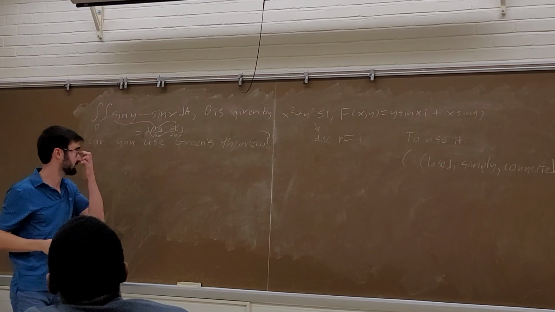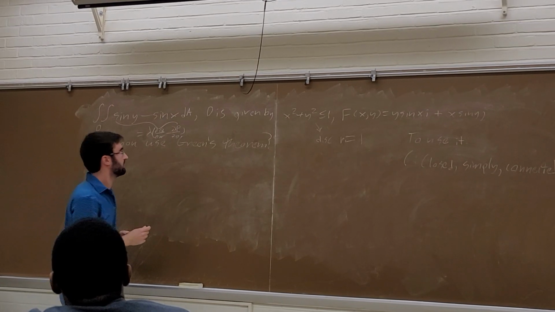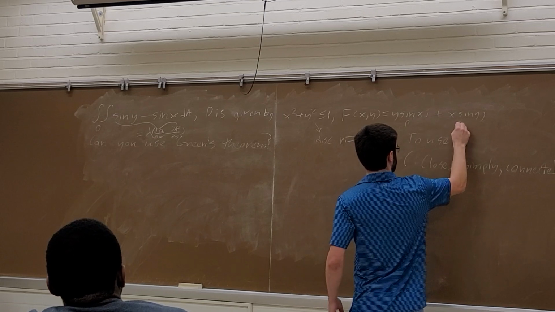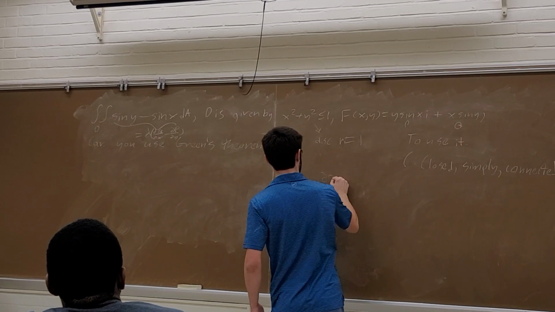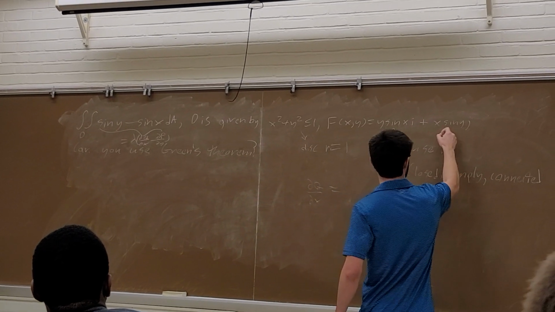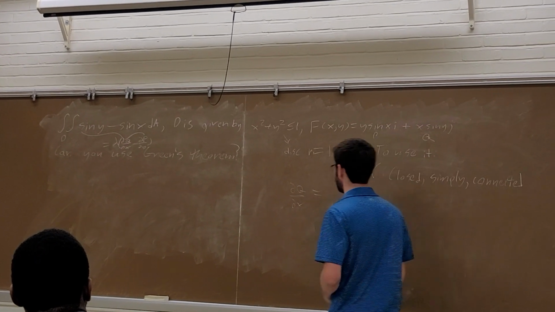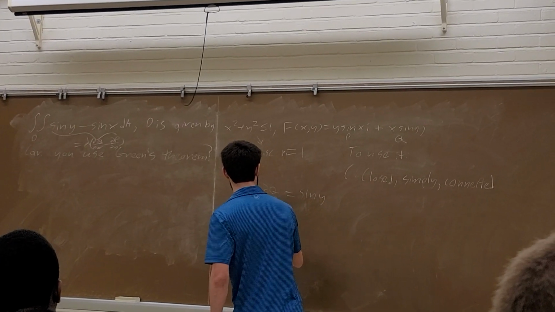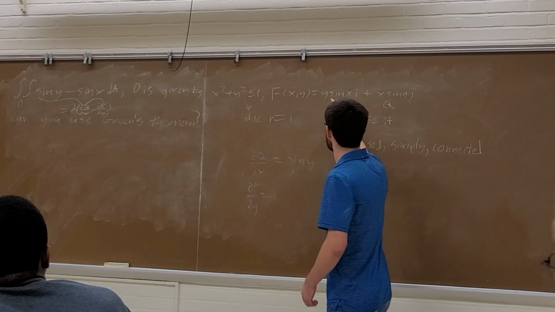So we have to check that, where this is P and this is Q. So dQ/dx will just be sine of y, and dP/dy will be equal to sine of x.